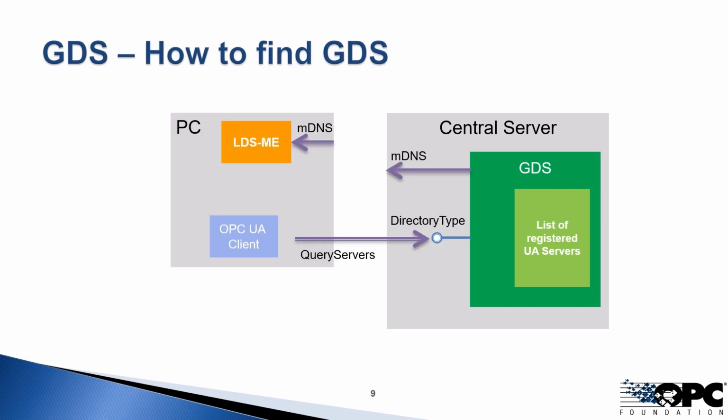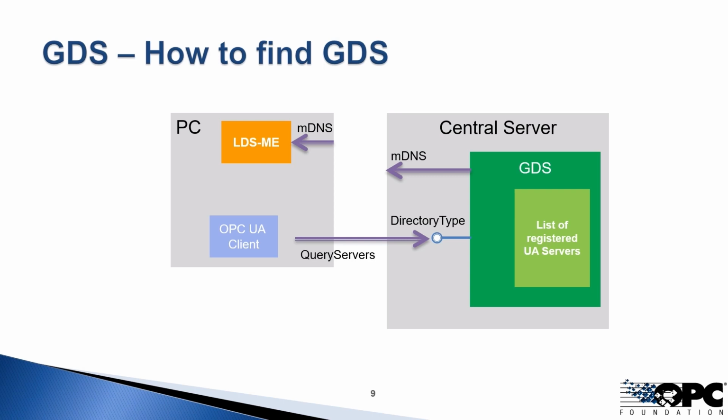So one of the interesting chicken and egg problems that arises for clients wishing to use a GDS is, how does the client find the GDS itself? And there are several mechanisms that can be used to aid in the discovery.